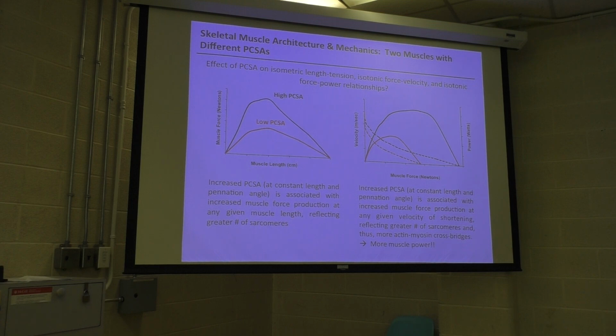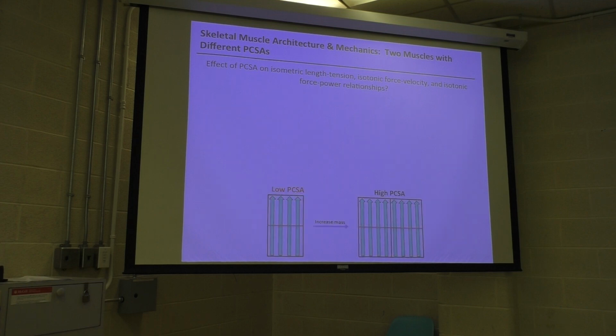When you look at the force-velocity curves, you actually have increased power because you're increasing that force measurement in the multiplication that we talked about before. So at any given time, when you're doing a contraction, you have a greater number of sarcomeres, greater force, more power. And how does that look?